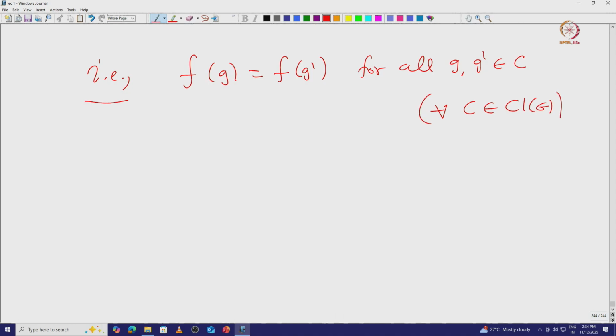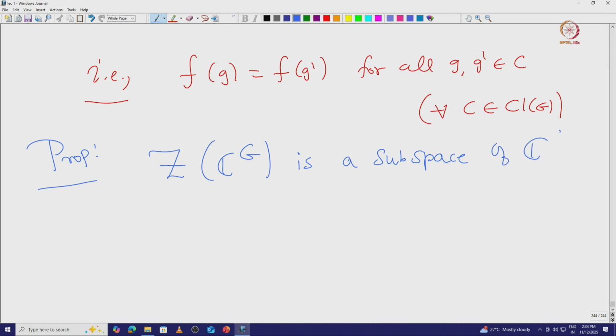Now, what one can prove is that the space of class functions is indeed a subspace of C[G]. Here is the proposition: the space of these class functions is indeed a subspace of C[G], and not only that, its dimension is exactly the cardinality of the set of all conjugacy classes of G, which is called the class number.